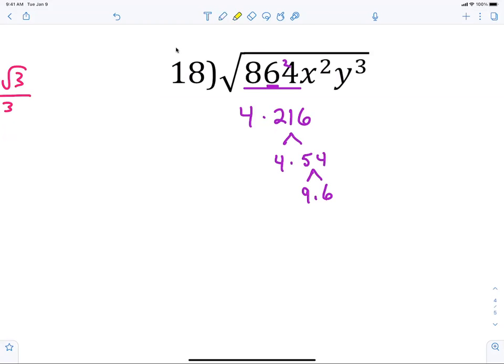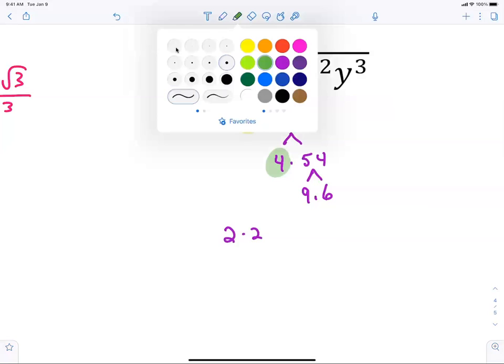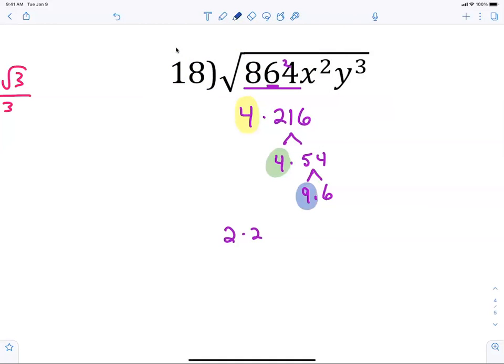Now, what's the square root of 4? 2. What's the square root of this 4? 2. And then, of course, what's the square root of this 9? 3. There you have it. Now, the x squared is okay. The y cubed needs to be made y squared and y. So what's the square root of x squared?